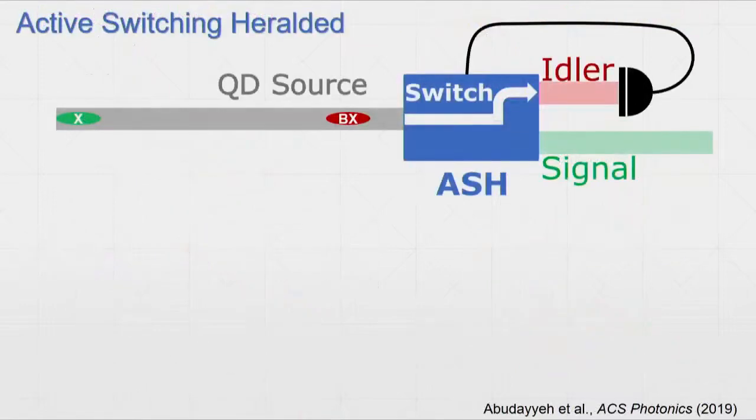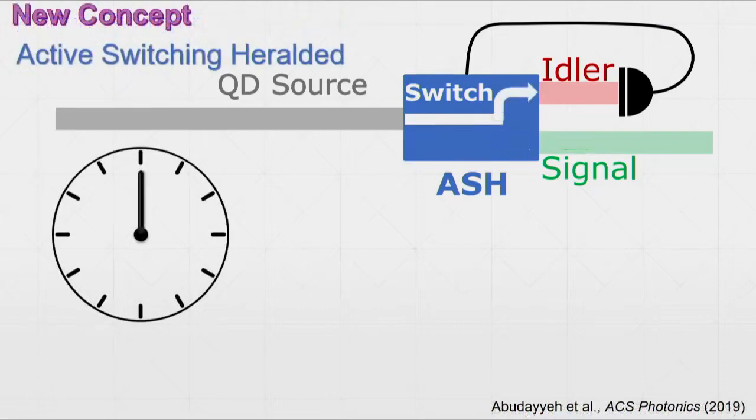Another method we developed is actually active switching. So instead of just fixing what your time gate is, take these two photons. When the first photon is detected, switch to the signal port, and then you'll get one photon in the signal port, basically. It's very simple, conceptually. The issue here, of course, is if there's a finite response time between the actual detection event and the switching of the source.